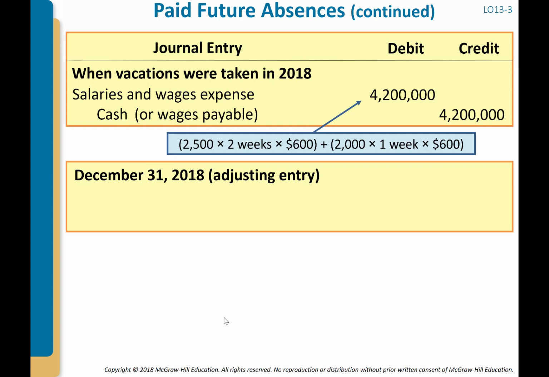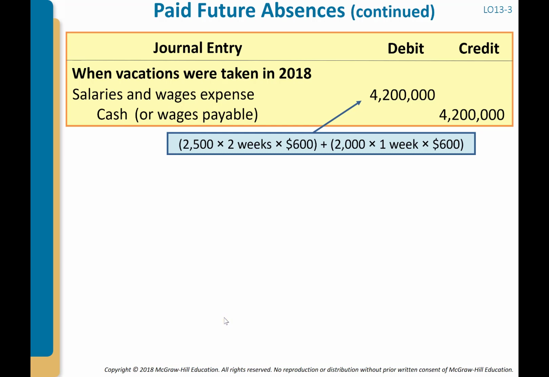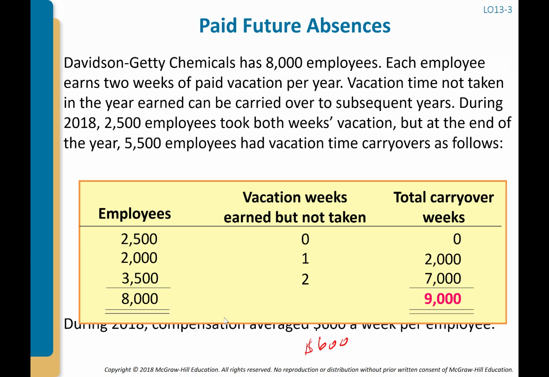Okay, so then when we get into the accrual, we'll notice we paid them their salaries for those individuals that had taken time. We credit the cash when we pay them. Now, for these individuals that haven't taken any time yet, remember the 9,000 carryover.